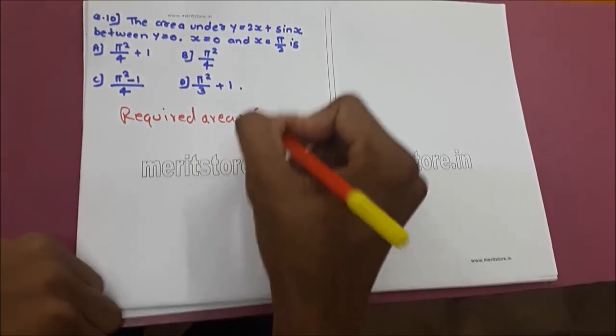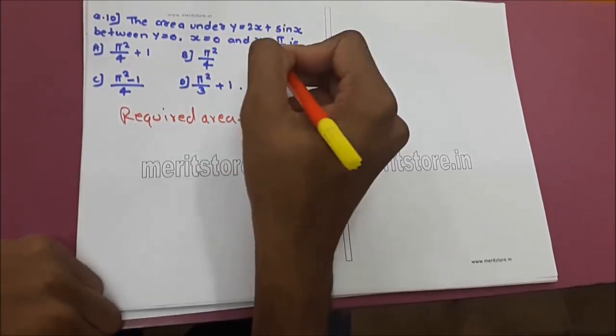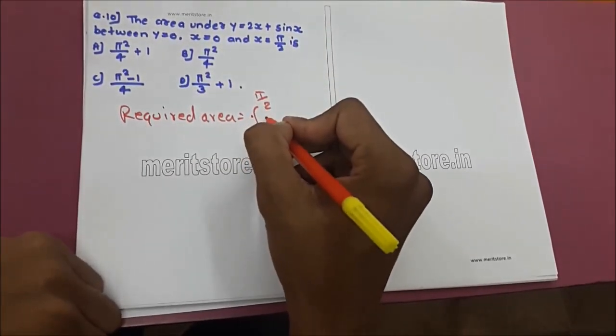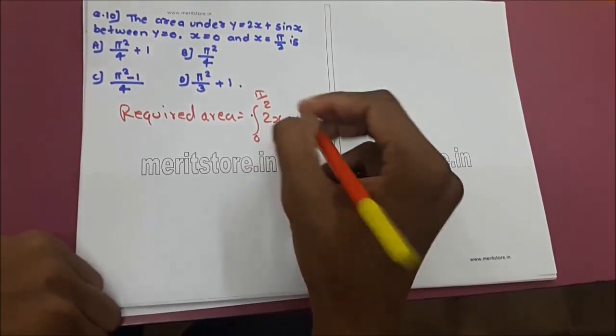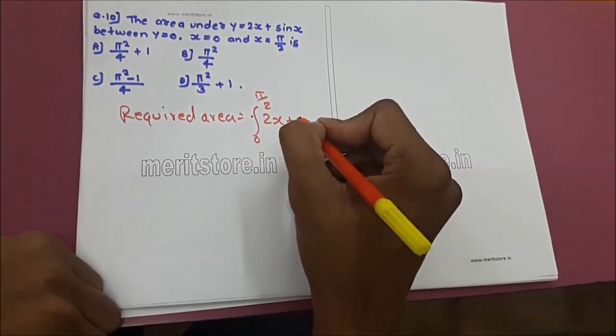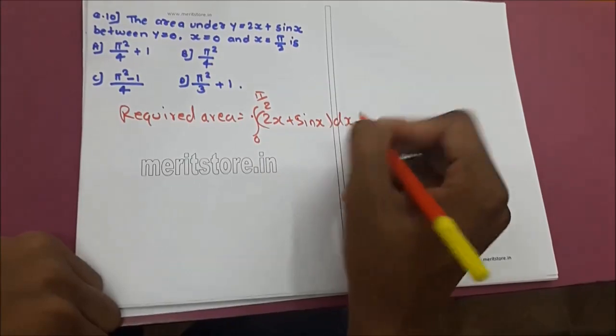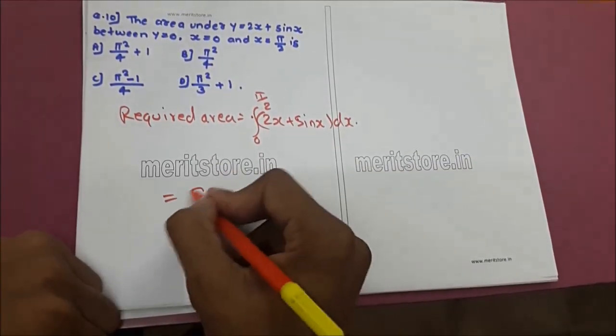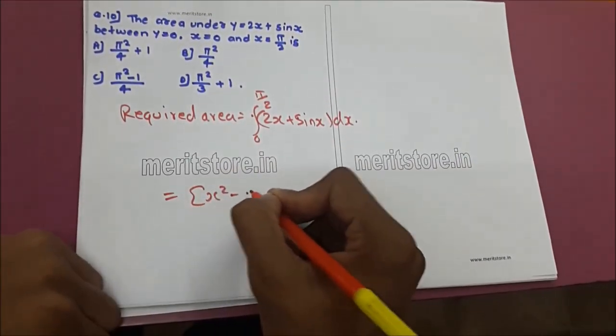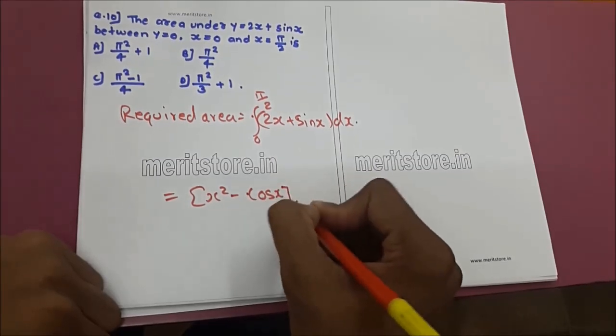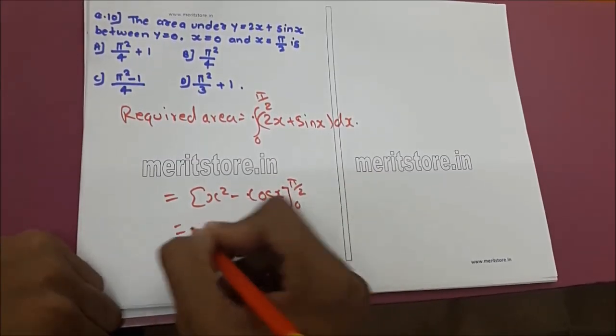equal to the integral from 0 to pi by 2, that is the limits of x, and the equation for y, that is 2x plus sin x, dx. Integrating, we get x square minus cos x from 0 to pi by 2.